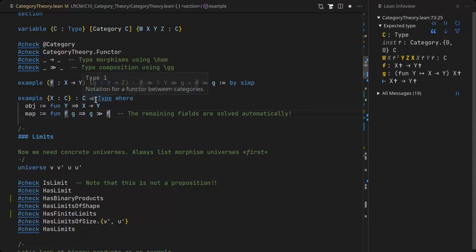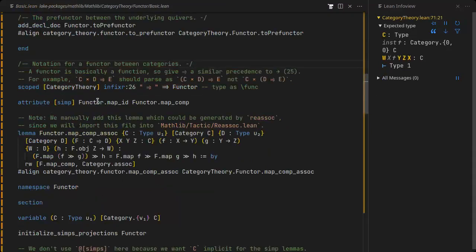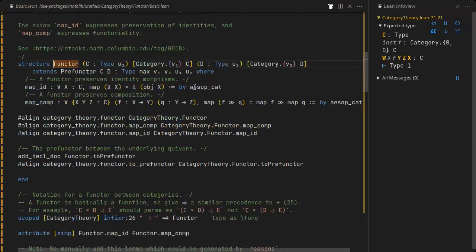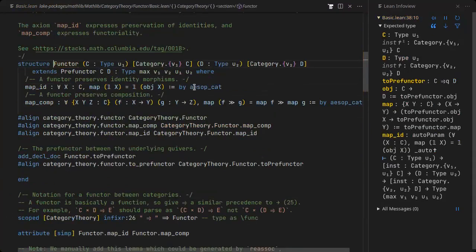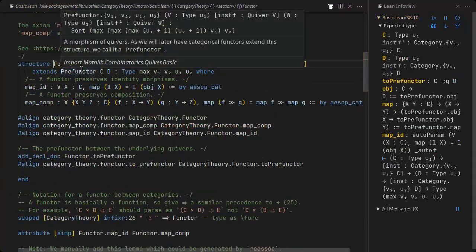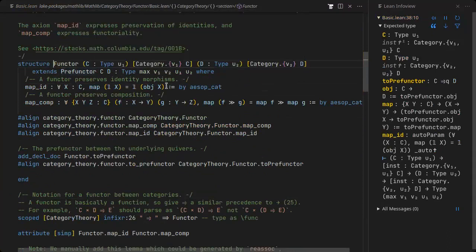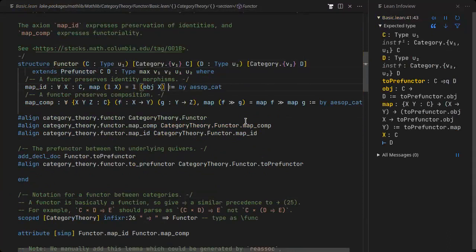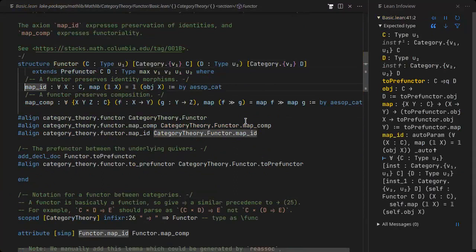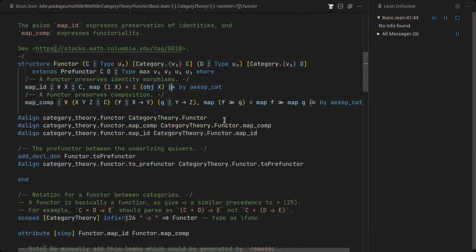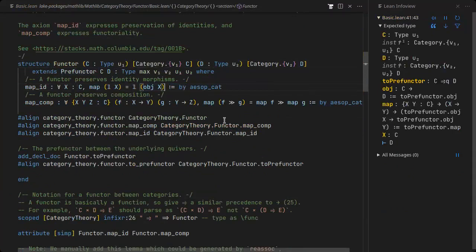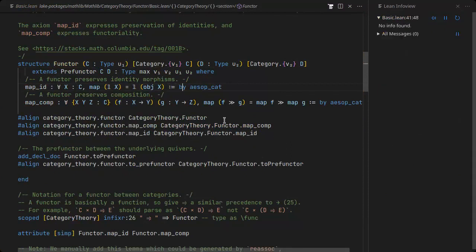if you look at the definition of a functor, okay, it extends a prefunctor again, but you will see that, and I think we haven't seen that in the other talks, the declaration of the fields of the structure actually end with a colon equals by something, which means that Lean will automatically try to solve these fields of the structure with this tactic.